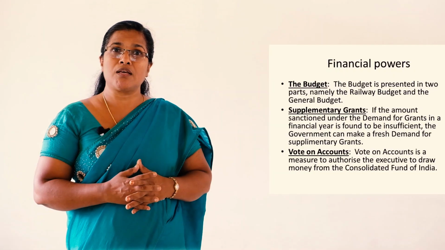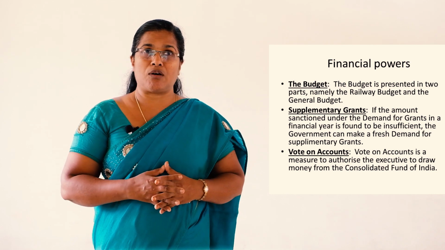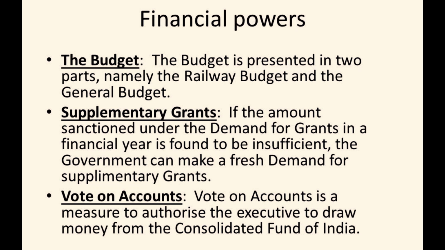Now, let us learn about the financial powers. What are the financial powers? The budget, the supplementary grants, and the vote on accounts. The budget is presented in two parts, namely the railway budget and the general budget. Then comes the supplementary grants.